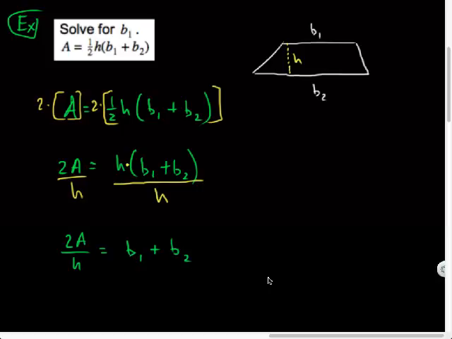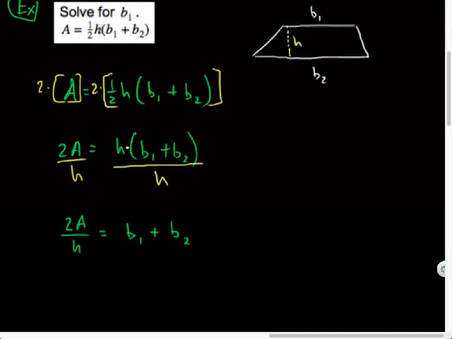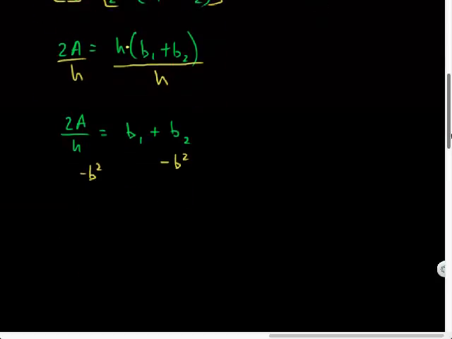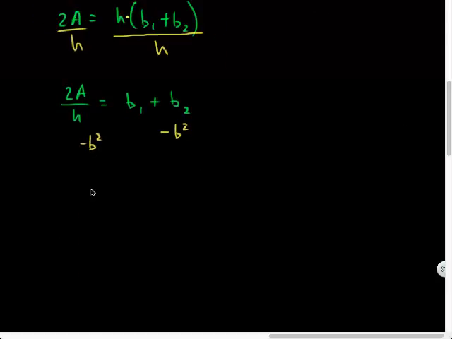So let's see. Aha, we're getting warmer, right? Because the h's would have canceled out over here. So how do I get b1 by itself? Yes, subtract b2. Right, so if I just pretend that these are numbers-ish, we can be okay. Right, so I'm going to find that b1 is equal to 2A over h minus, oh, I just wrote b squared instead of b2, guys.